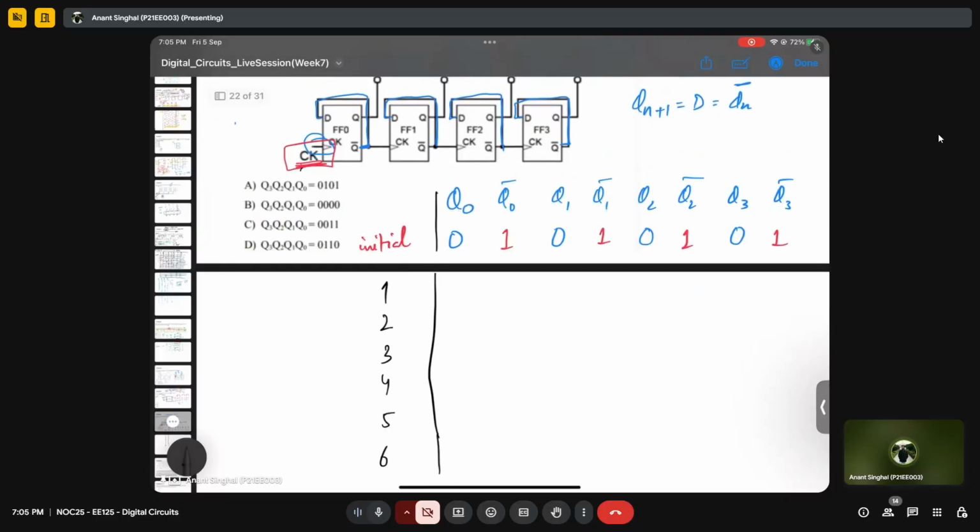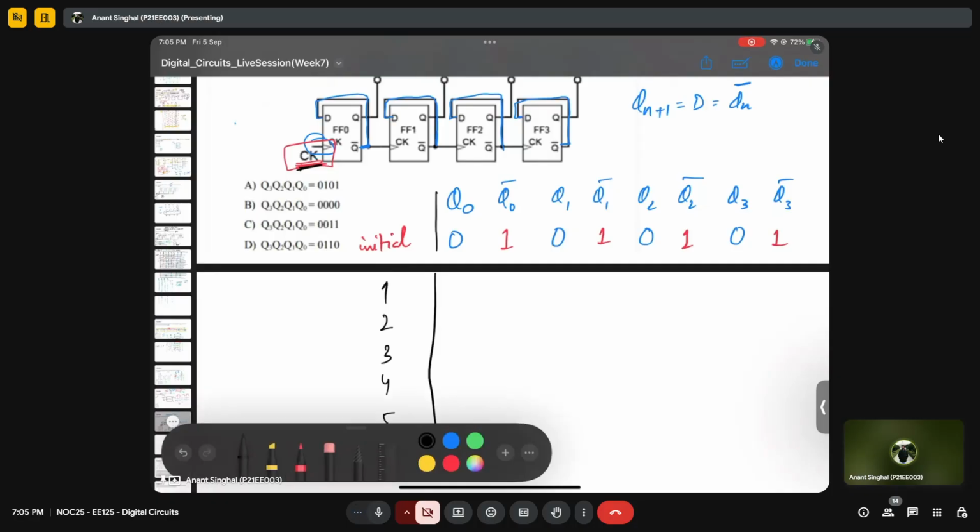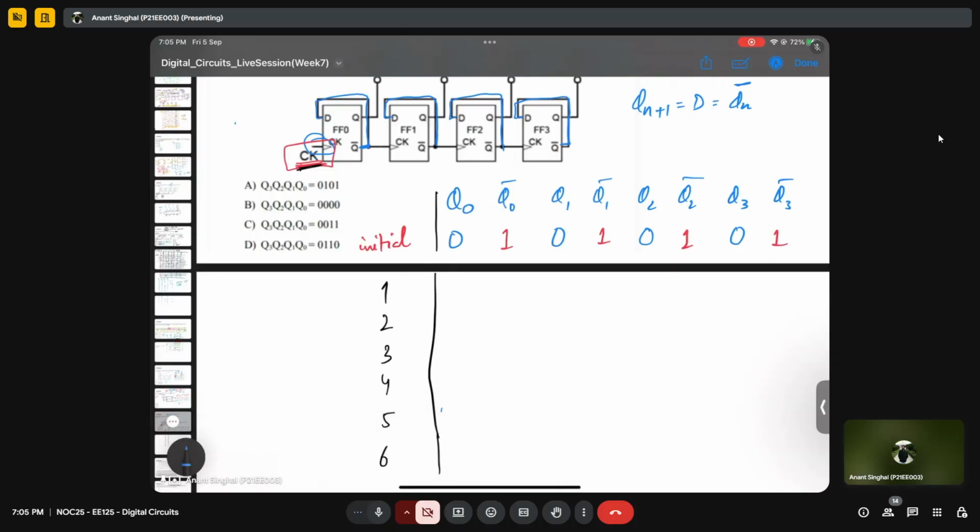Now, as I said, the clock is only acting for the first flip flop. So I can easily write that the D flip flop is working, right? So this one will come here, right? Then it will be 0. So this one will come here. Sorry, this 0 will come here.